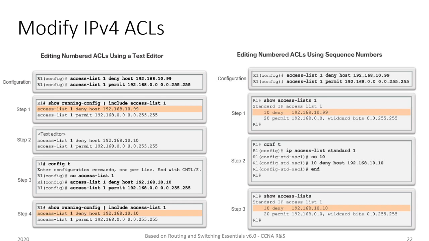These commands are mainly for numbered ACLs, and what we normally do is we can either create these rules on a text editor, for example. Then we can get it from the running configuration, because these will normally be associated with the running configuration. So we will be able to do it like that.